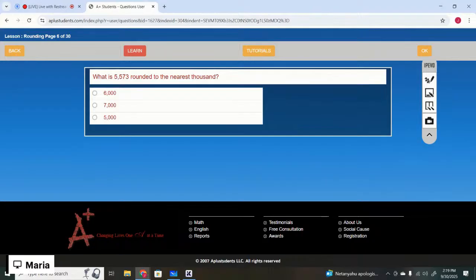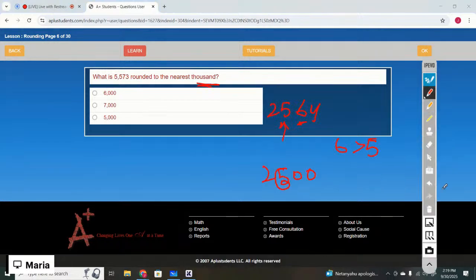What is 5,573 rounded to the nearest thousand? So the thousands digit is 5,573. That is the digit at the thousands position. Right next to it we have 5. 5 is equal to 5, so we add 1 to the thousands digit and replace all the other digits with 0.